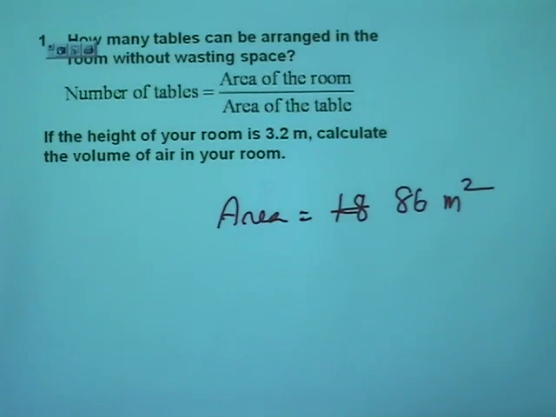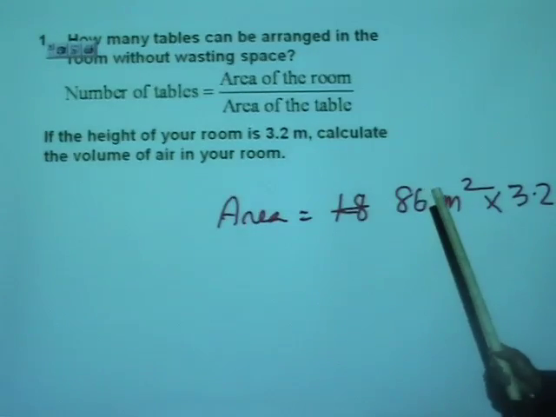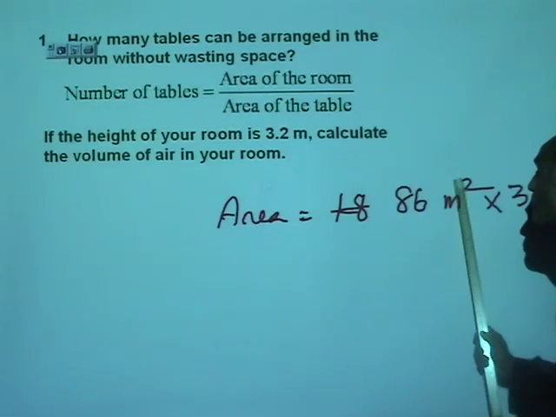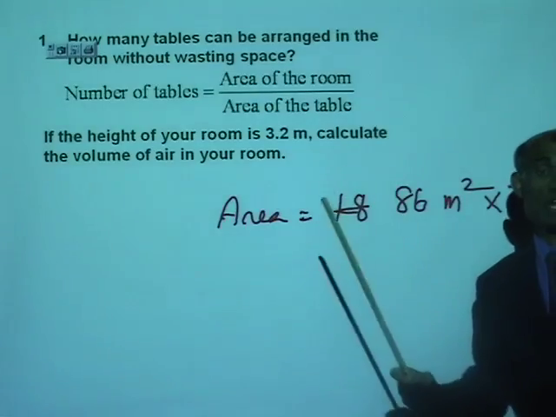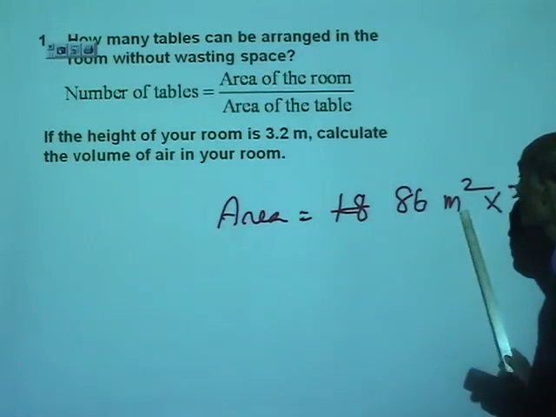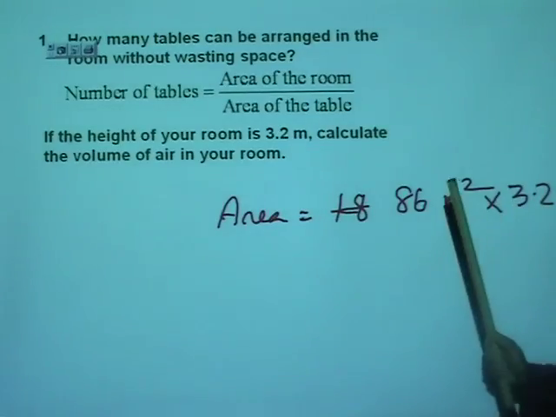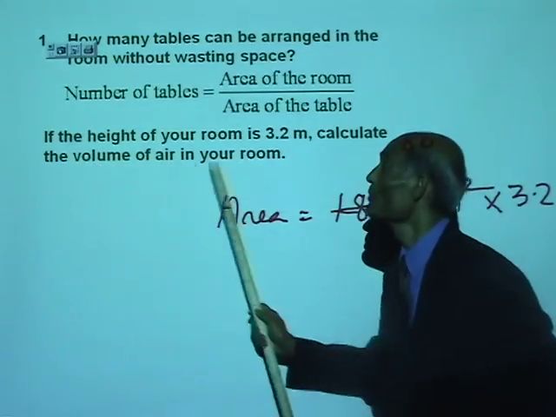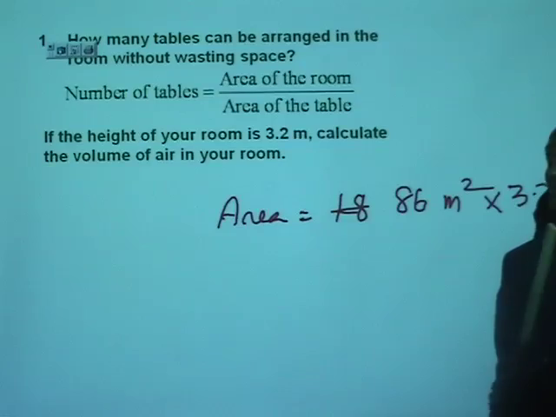Now, if this is the area of the room, multiply that with the height of the room, which I gave you as 3.2 meter. I have forgotten it because all those numbers were left behind. So, area of the room multiplied by the height will give you the volume of air in your room.